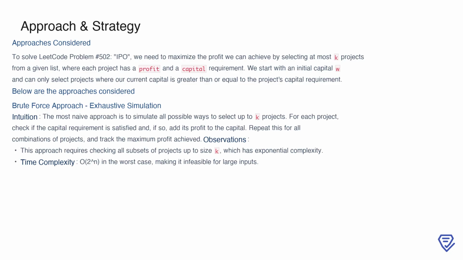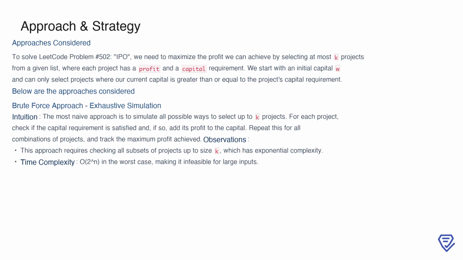To tackle the IPO problem, our goal is to maximize the total profit by selecting at most K projects from a list, given that each project has a profit and a capital requirement. We start with an initial capital W and can only pick projects where the capital requirement is met. One approach we considered is the brute force method, which involves simulating every possible combination of up to K projects.